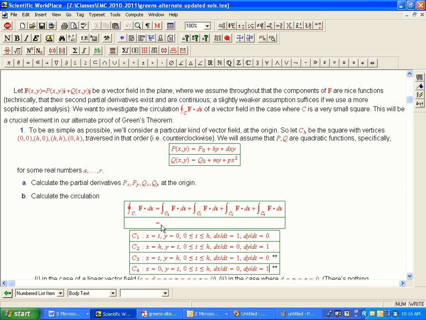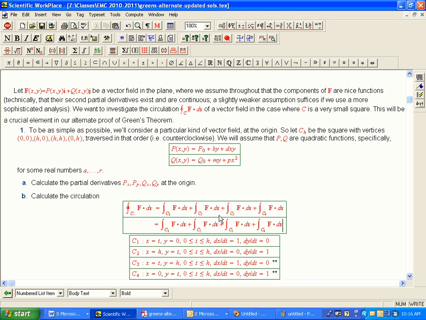Okay, so what's this going to be? First, I'm going to write it in this very convenient notation that explicitly mentions P and Q, to get it in a form that's easy to combine with the parameterization. This just becomes P dx plus Q dy.